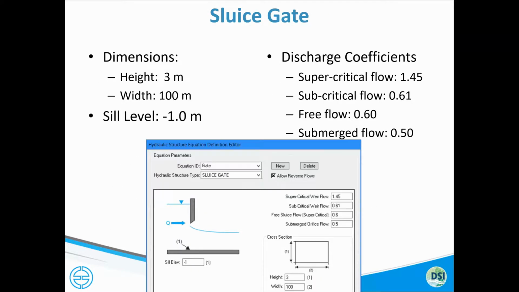Let me go back here. If you just applied this approach, all we would have would be an uncontrolled structure. The gate is always at a height of 3 meters and always a width of 100 meters, and the only thing varying is the water level upstream and downstream affecting the flow through this gate.